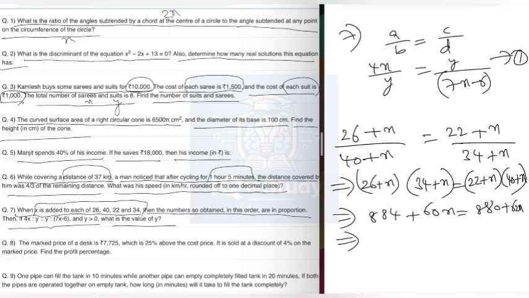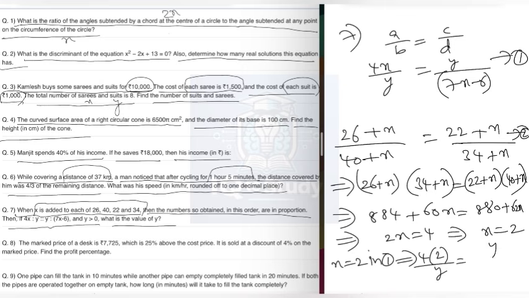and 2x is equal to 4, which implies x is 2. Let's substitute the value of x in equation 1. So 4 into 2 by y is y by 7 into 2 minus 6.